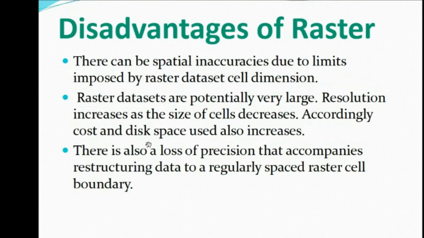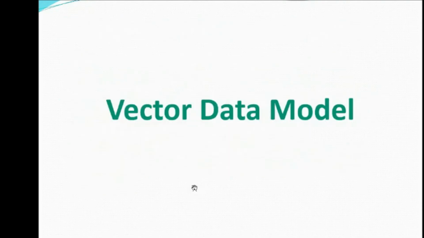Accordingly, cost and disk space used also increase. There is also a loss of precision that accompanies restructuring data to regularly space the raster cell boundary. So you can make out that these disadvantages are mainly because of the cell size, or the resolution of the data, and handling such ample data will be difficult in the case of raster.